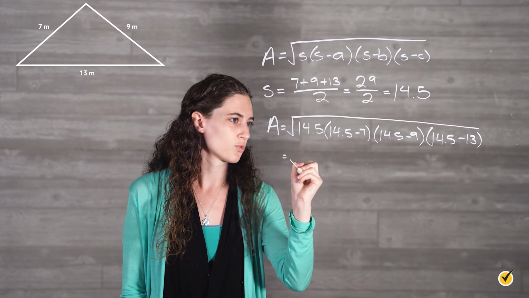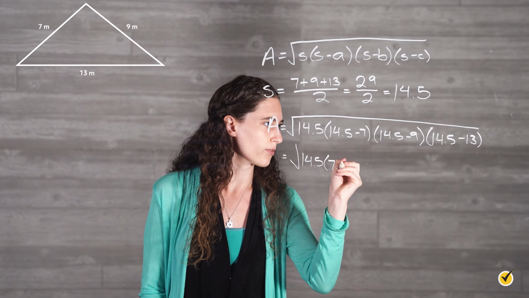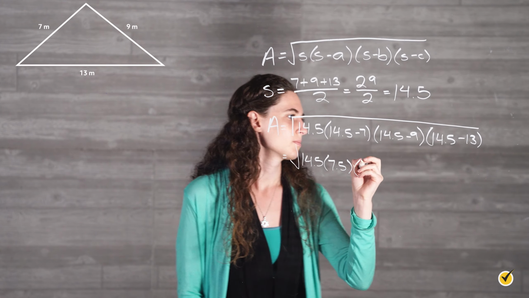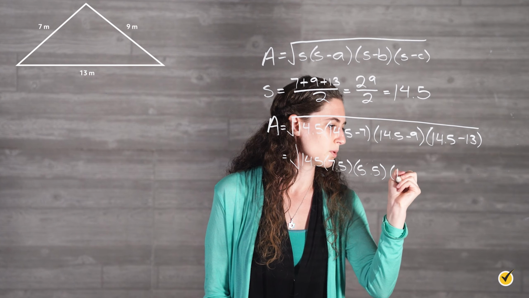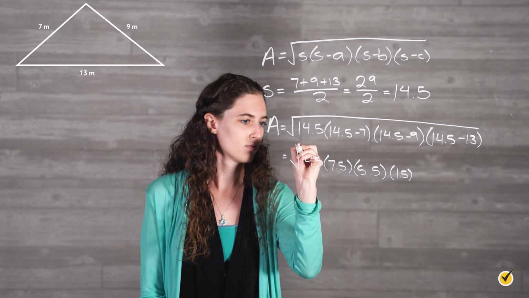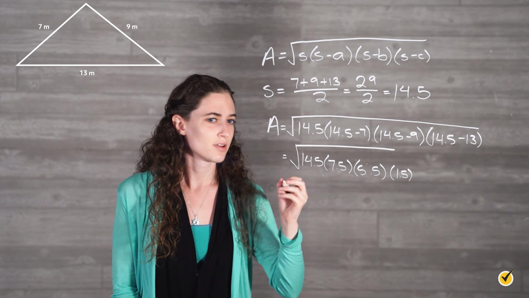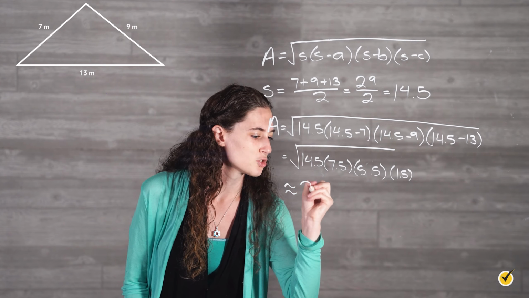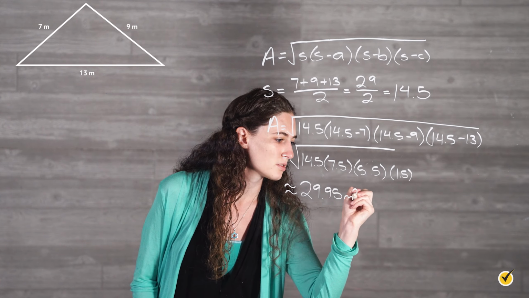This is equal to the square root of 14.5 times 7.5 times 5.5 times 1.5, which, when you simplify this out, is approximately equal to 29.95 square meters.